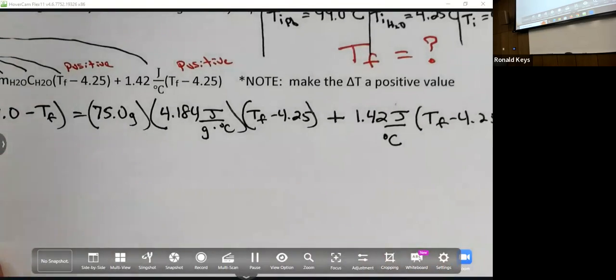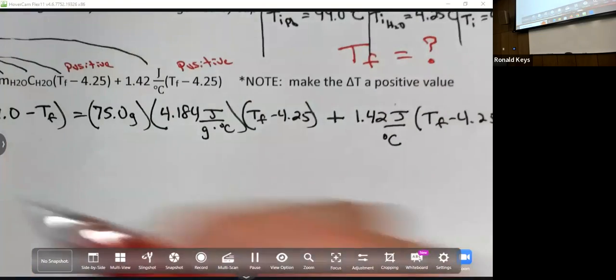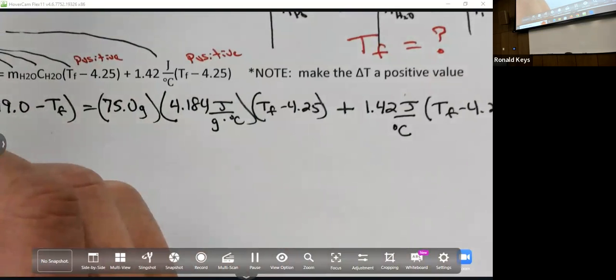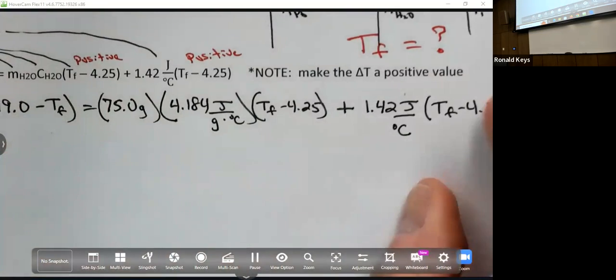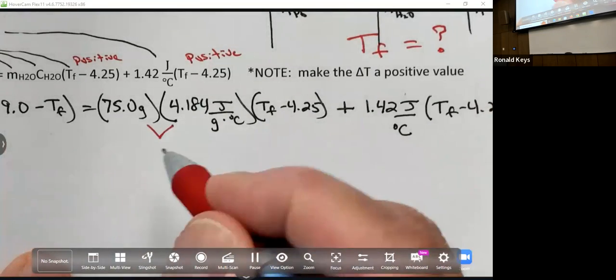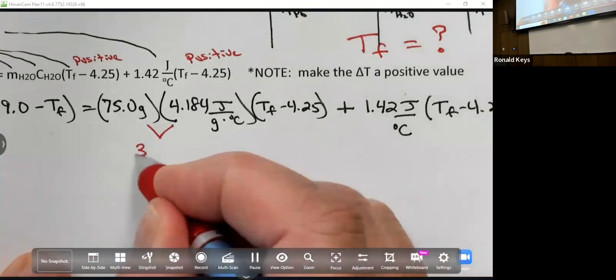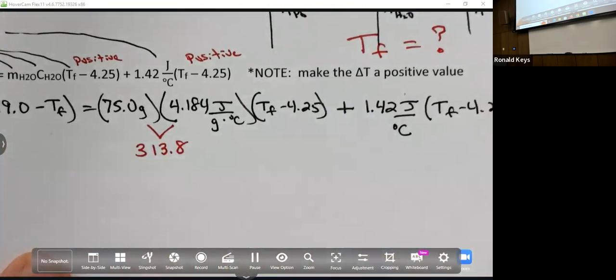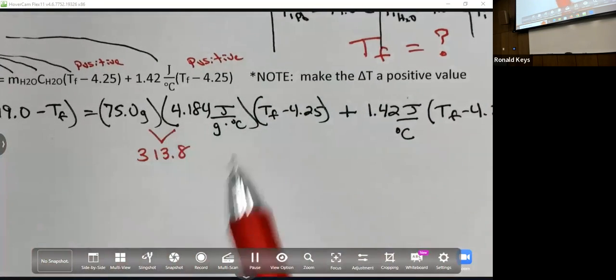So if we take these two here, this is the 3 sig figs, 7.95. This part right here is 313.8. So now let's distribute those through.